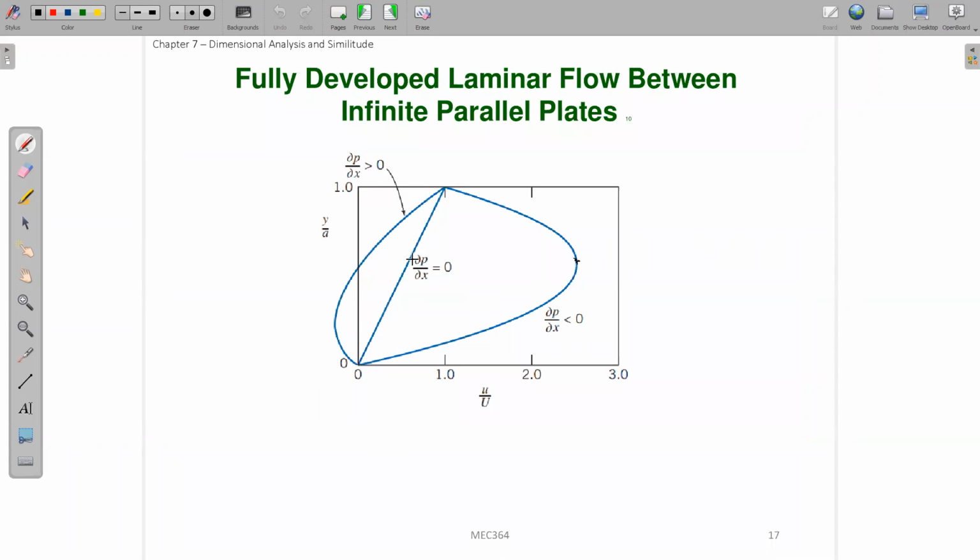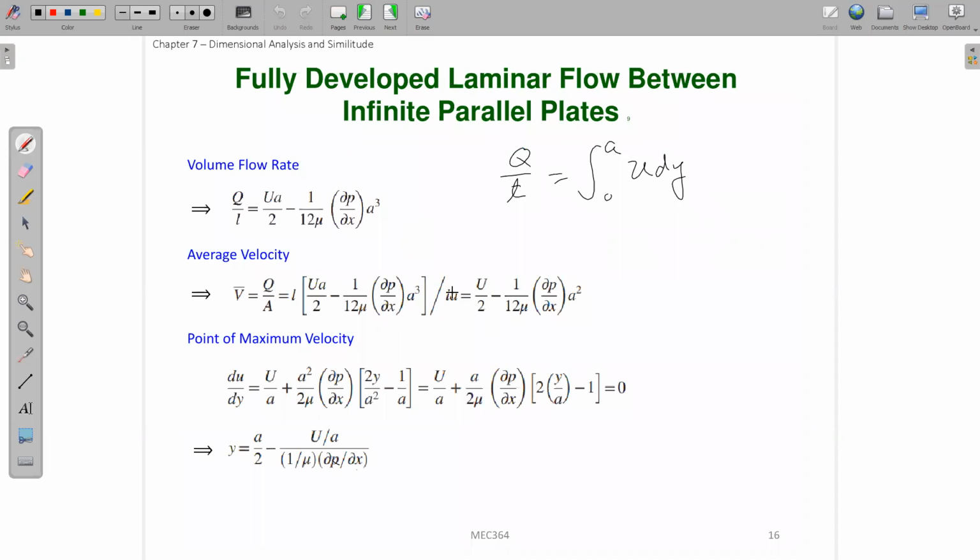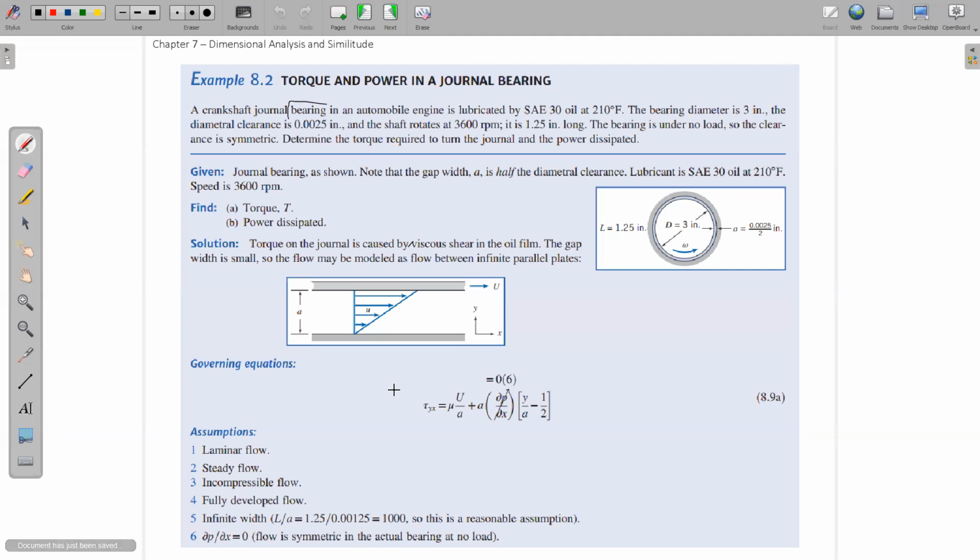So the velocity profile will be a straight line, and dp/dx is 0 everywhere. The question is asking: what is the torque required to turn the journal and the power dissipated? How do you calculate the power? You need to calculate the torque, and the torque comes from the viscous force.